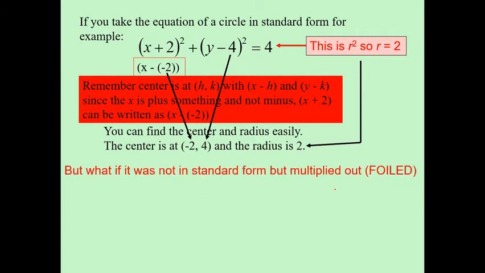But what if it was not in standard form, but multiplied out? In other words, what if somebody had FOILed it out and it looked like this? That looks pretty messy.